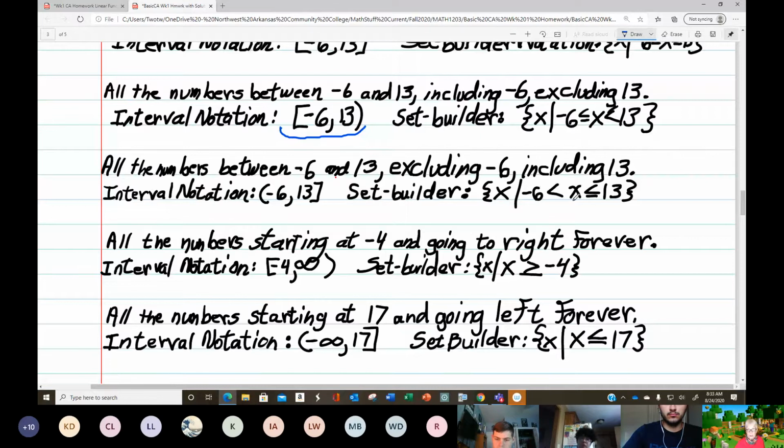If you're doing set builder notation, then you have braces, you have x, you have the vertical bar, and you have -6 is strictly less than x, but not equal to x, because it's been excluded. On the other hand, x is less than or equal to 13.